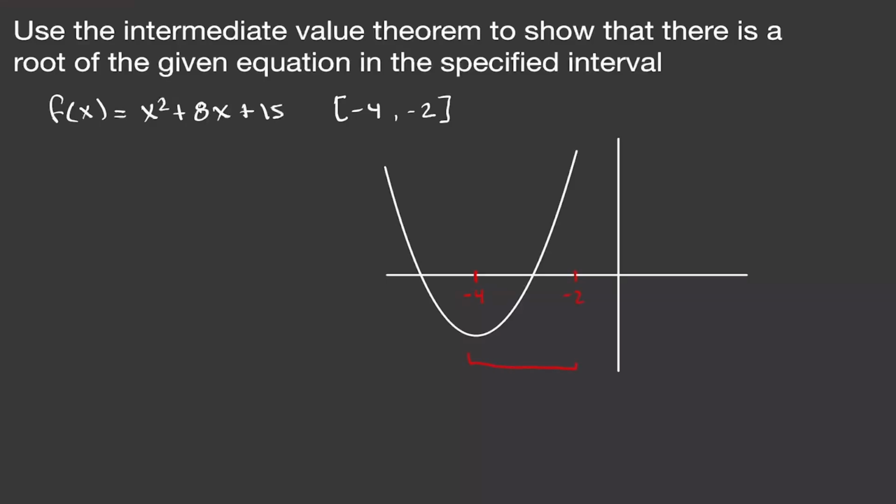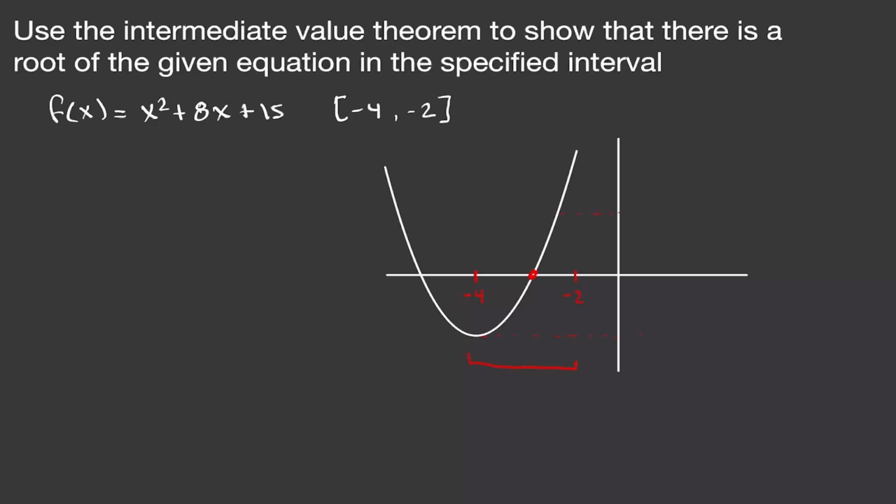Given this picture, it's very straightforward to see that in this interval there will be a root somewhere here where it's going to touch the x-axis, giving us a root of our equation. But we're interested in seeing the values on the y-axis here.